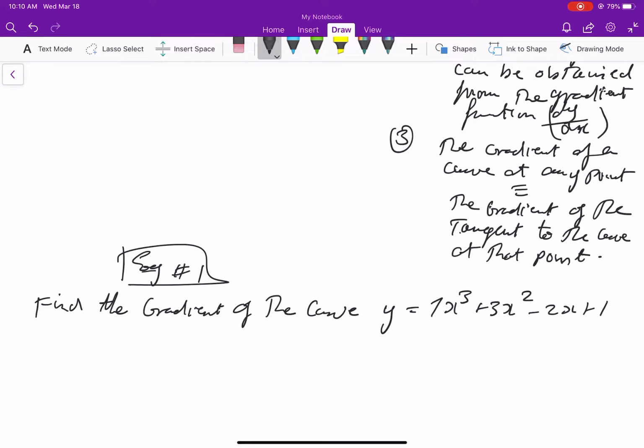Find the gradient of that curve at the point where x is equal to 1.